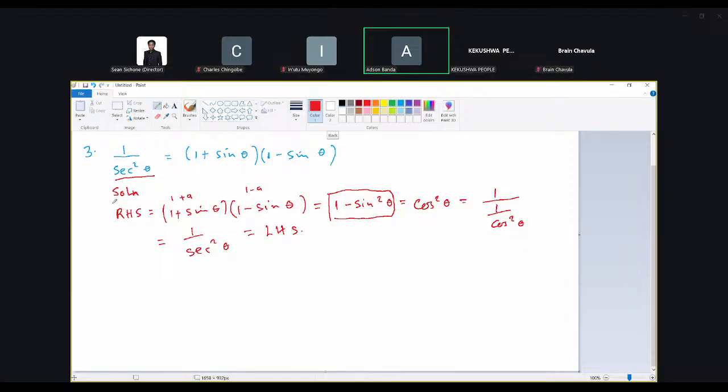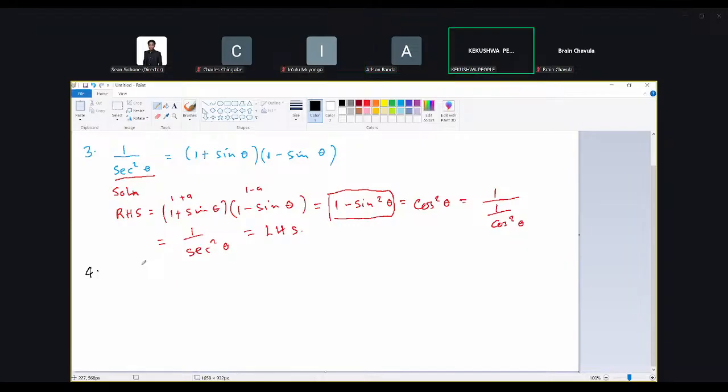Okay, any other question? Yes, sir. On the one minus sine squared theta there, instead of doing the difference of two squares, is it okay to inject the cos squared theta there? Well, I'm not sure now where. So instead of 1 minus sine squared theta, is it okay to do what?